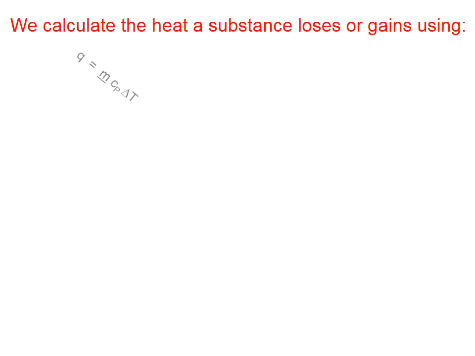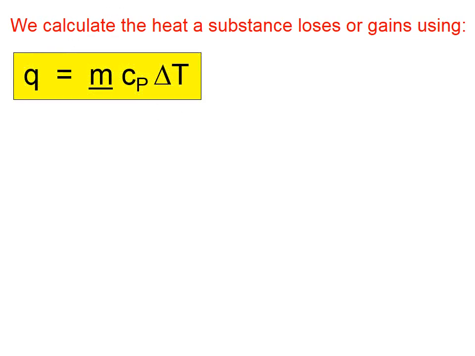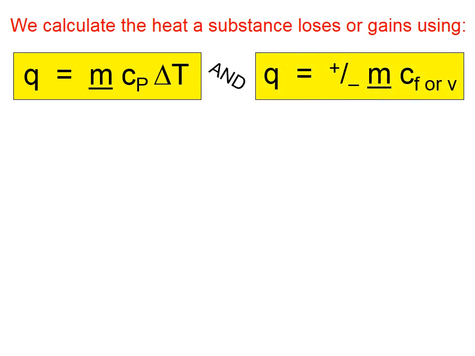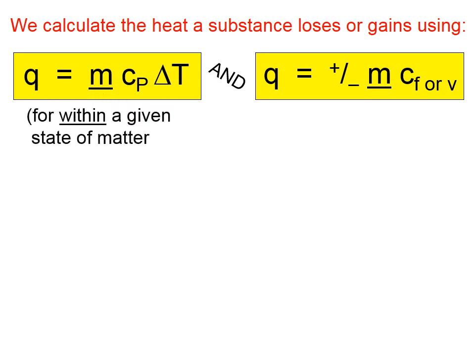We calculate the heat a substance loses or gains using two equations. Here's one of them. Q is equal to m c sub p delta T. The other one is Q is equal to plus or minus m c sub f or c sub v, depending on what you're doing. And we're going to go ahead and explain how to use these equations.